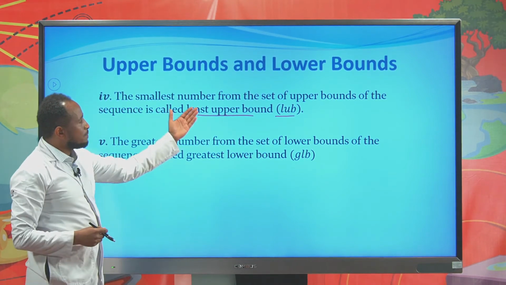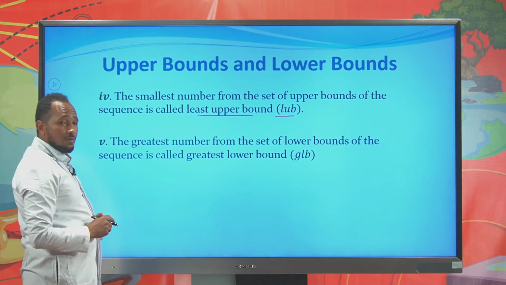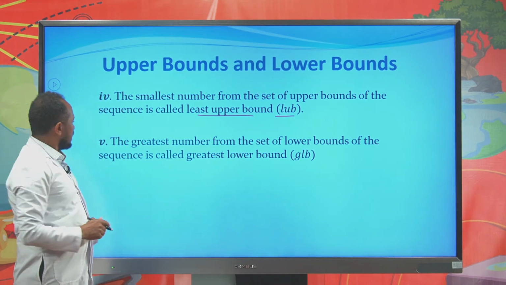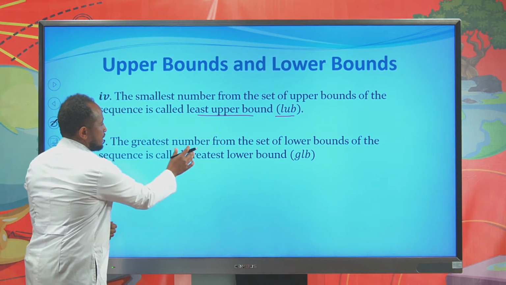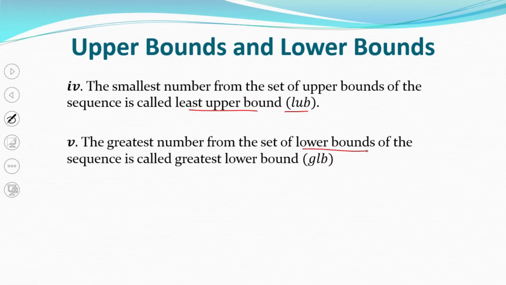That means the smallest number from the set of upper bounds of that sequence is called the least upper bound. And the greatest number from the set of lower bounds, we call it the greatest lower bound of that sequence.